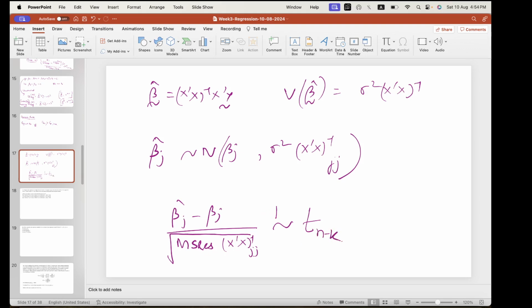Okay, so this would hold. Now what do I have to do? I have to use this equation to devise bounds such that the probability that this beta j lies within those bounds is equal to 90% or 95%. So I have to exploit this equation.